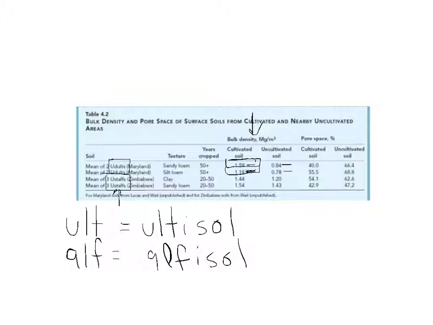Okay. Same thing happens down here. So we've got a sandier texture with a little bit higher bulk density, clayey texture with a little bit lower bulk density. When we don't cultivate the soil, we get a lower bulk density.